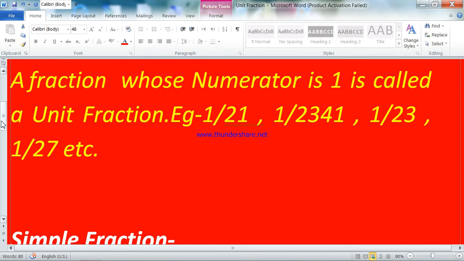As the name is unit fraction, there must be something related to 1. So 1 must be the numerator. A unit fraction means a fraction whose numerator is 1.